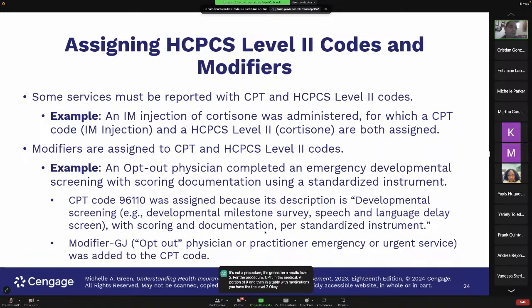Okay, and it's going to be a HCPCS. And then modifier for both. Remember, modifier for both. So let's say I do an injection twice. They're going to be modifiers. If I give more medication than was required or less, modifier for level 2.